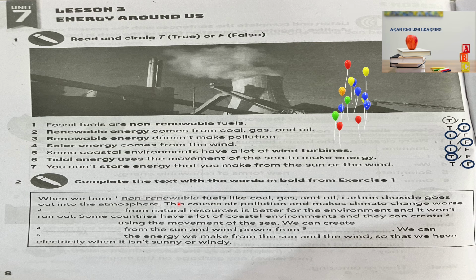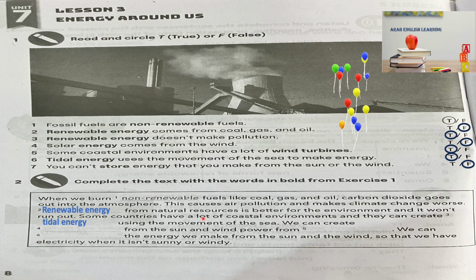When we burn non-renewable fuels like coal, gas, and oil, carbon dioxide goes out into the atmosphere. This causes air pollution and makes climate change worse. Renewable energy from natural resources is better for the environment and it won't run out.